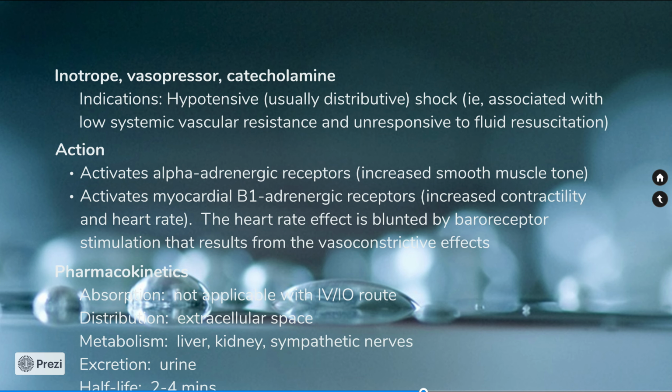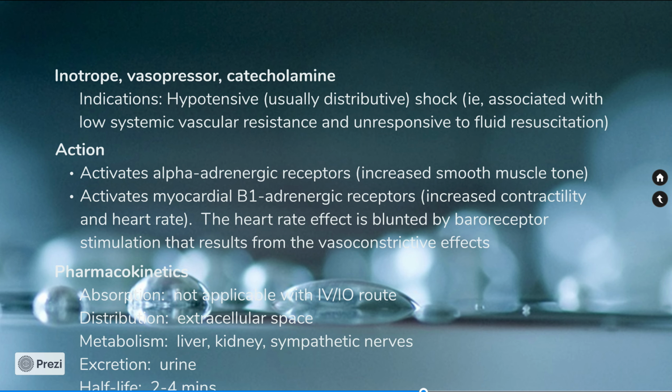It is used because of its alpha adrenergic effects. It increases smooth muscle tone, but it also activates the myocardial beta-1 adrenergic receptors. So the effect of norepinephrine is more tempered, more gentle.